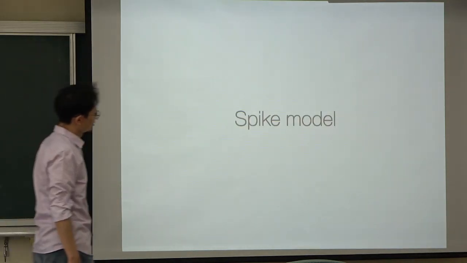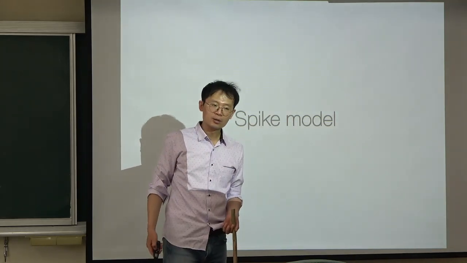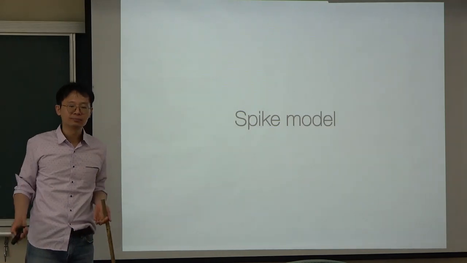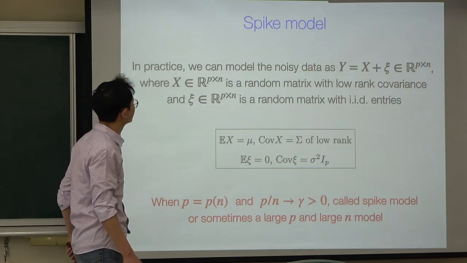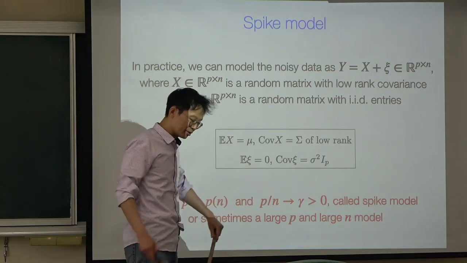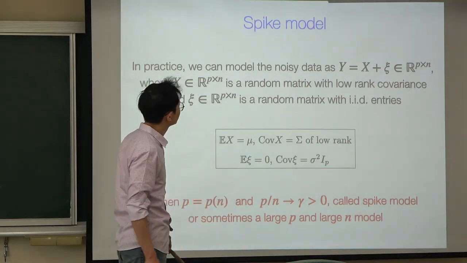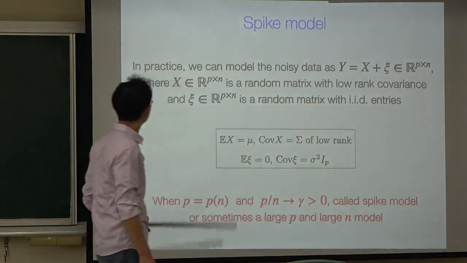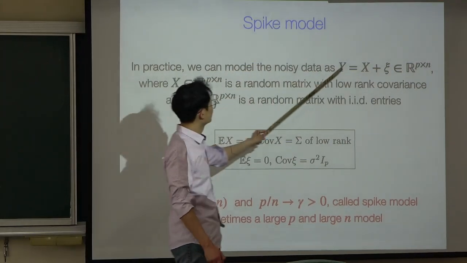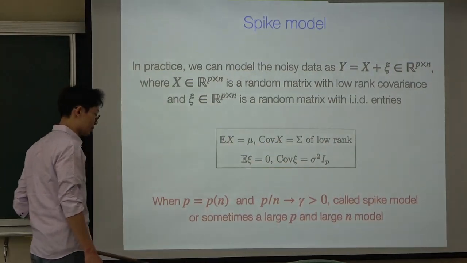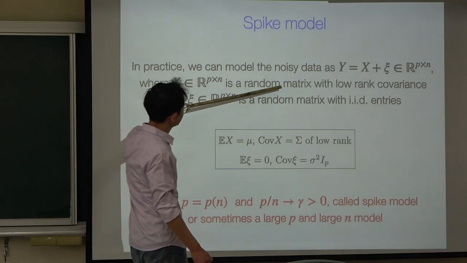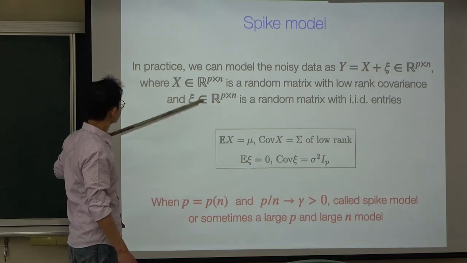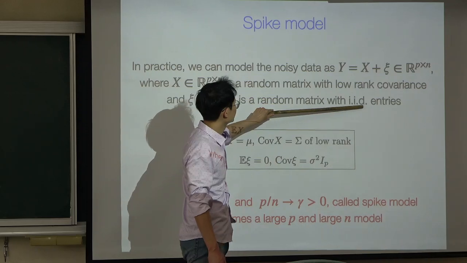That is the null case. What is a spike model? The spike model is a non-null case, that is, when you have a general sigma. In particular, what we will discuss later, and in many of the future applications, we will run into this kind of model: y is x plus c, where x, which we understand as the signal, is a random matrix with low-rank covariance, and c is a random matrix with IID entries.